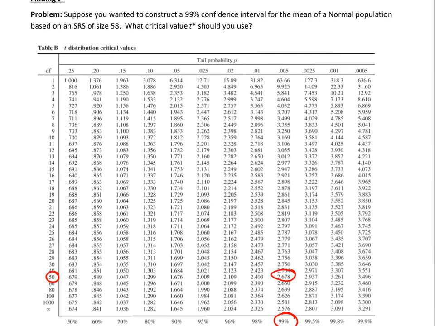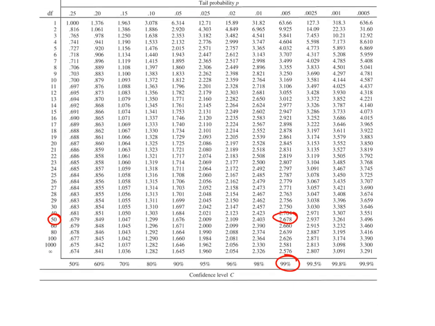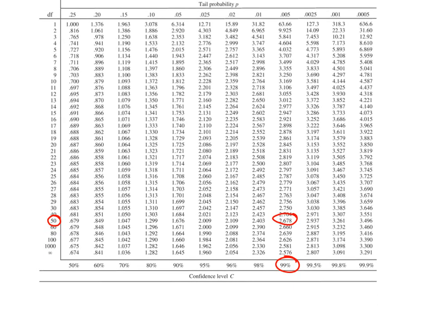Let's do another one. If you were to go off the table, I'm not getting into the calculator stuff, but in day 2 we'll do some 4 steps, and that's when we'll get into the calculator features. But if you had 99% confidence, notice down at the bottom here, we'd love to use 2.576. We can't, and again, the reason we can't is we don't have sigma.